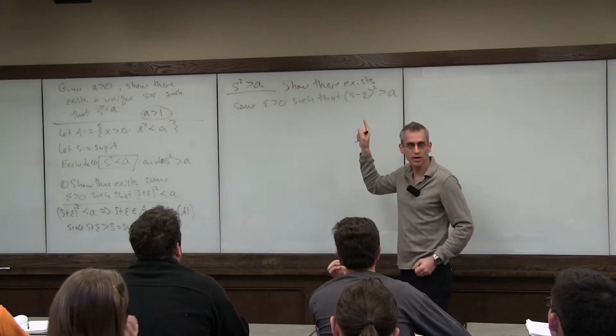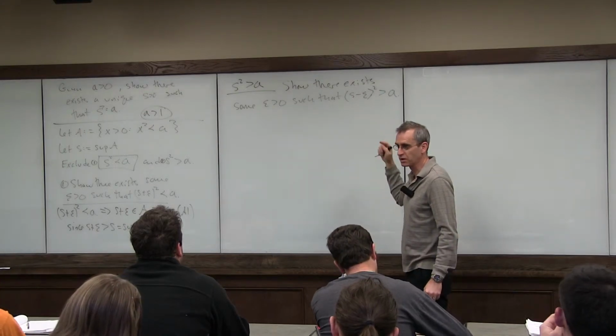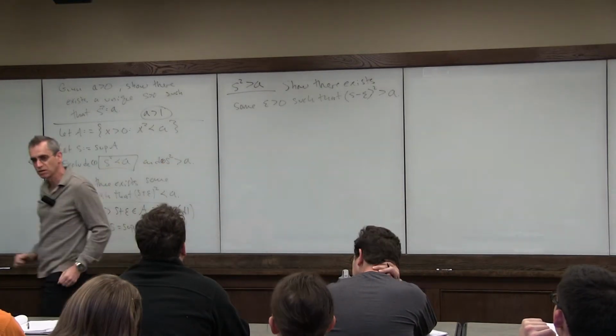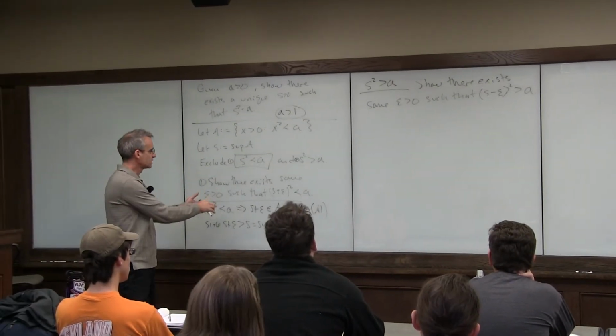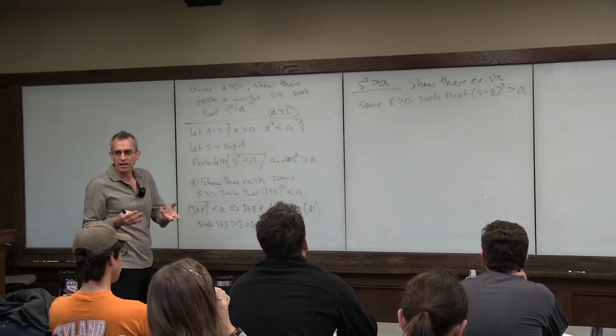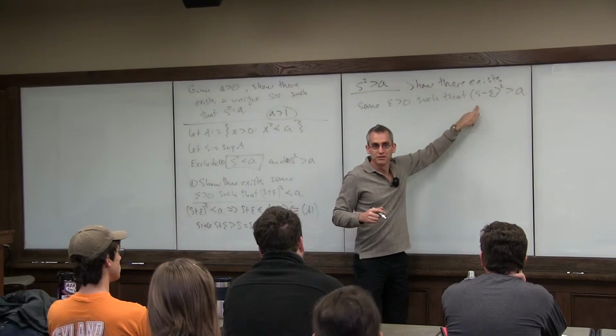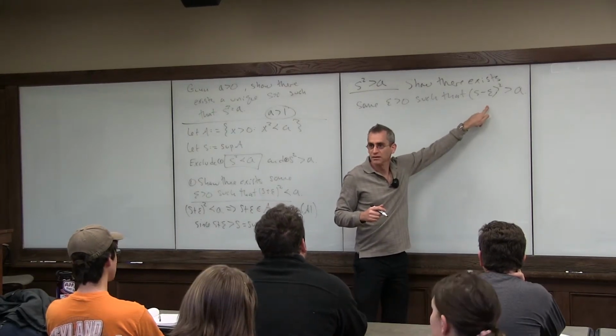Now, why is this going to be a contradiction again, if we can find this epsilon? We'll worry about finding epsilon in a bit, but let's try to see why this is going to be a contradiction. And taking a hint from what I said before, this ought to somehow violate A2, but this should look very familiar from A2, right?